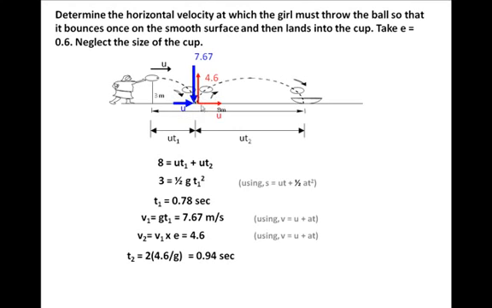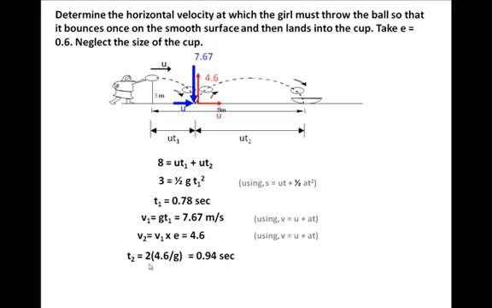Now, if you work out this total time of flight, that will be twice the time it takes to go up. And time it takes to go up will be velocity 4.6 divided by g. It follows again from our basic equations.